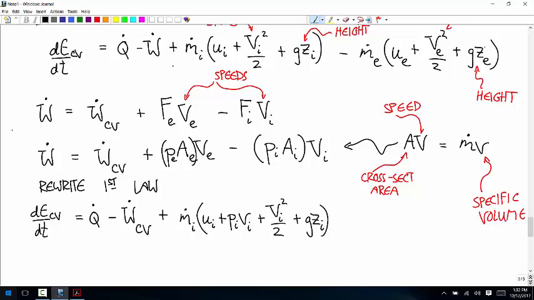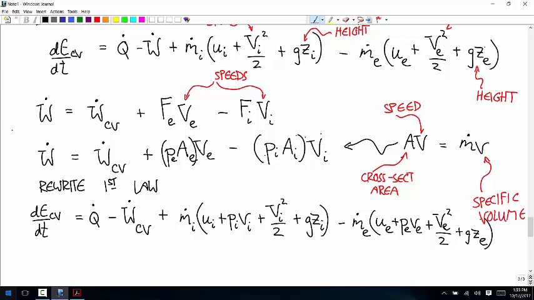So in the version of the first law up above, we're subtracting the work dot, and so we're subtracting a negative inlet term and subtracting a positive exit term, and then minus m dot_e times (u_e plus P_e v_e plus V squared over 2 plus g z_e).